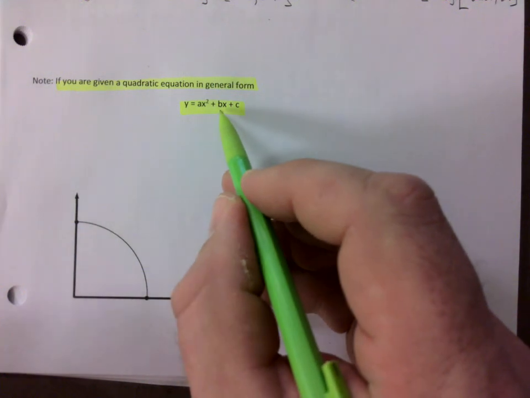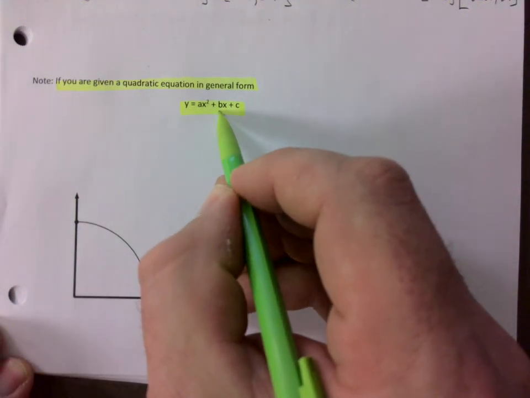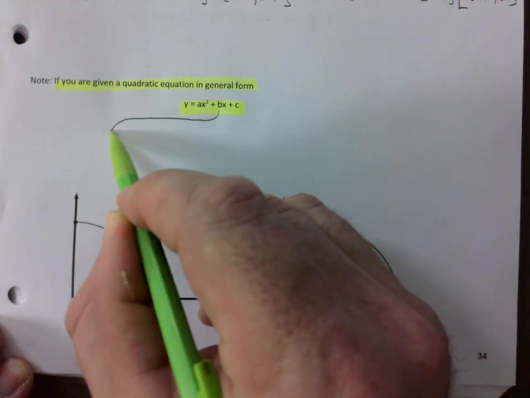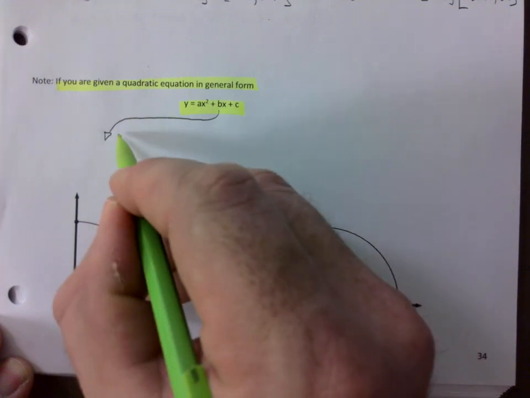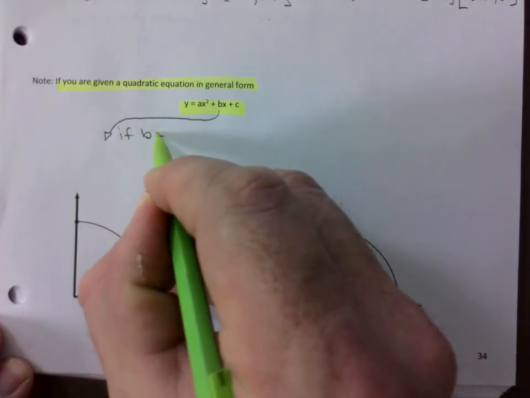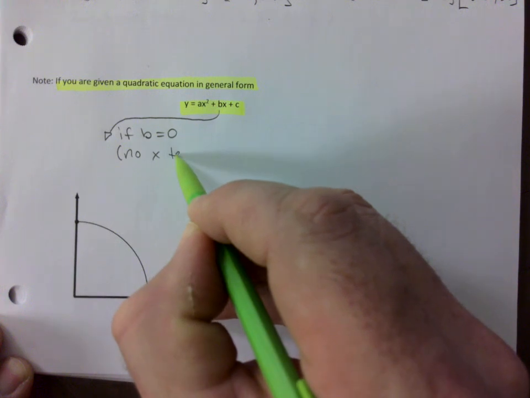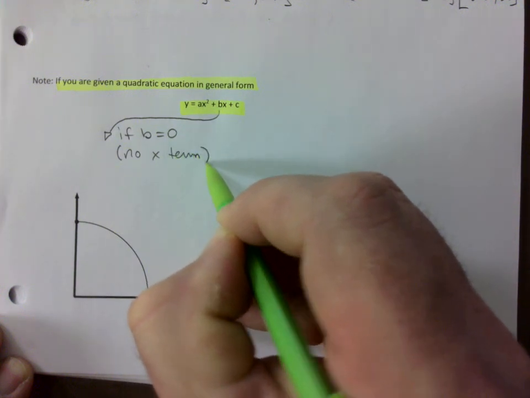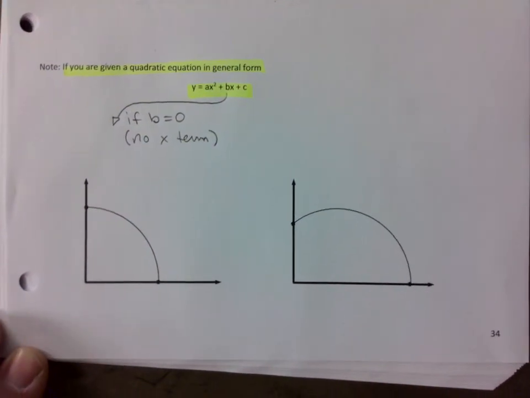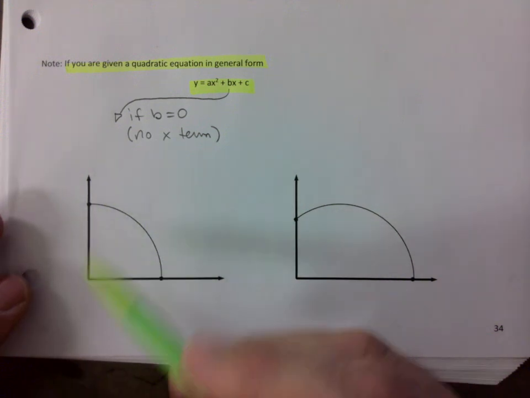This is gone. So if b is equal to 0, there is no x term, okay? Then it will look like this.